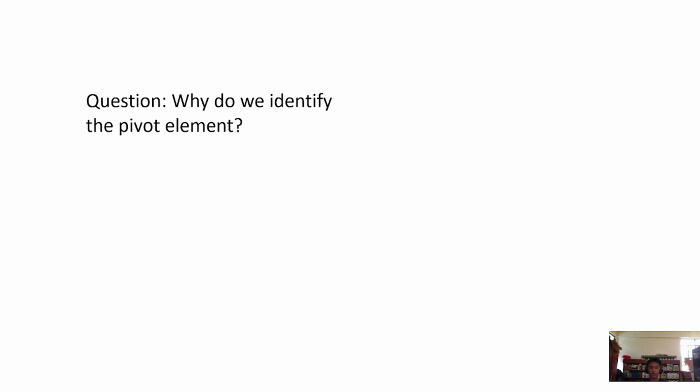So another question: why do we identify the pivot element? My answer is, as I have mentioned earlier, the simplex method begins with a corner point and moves to the next corner point, always improving the value of the objective function.